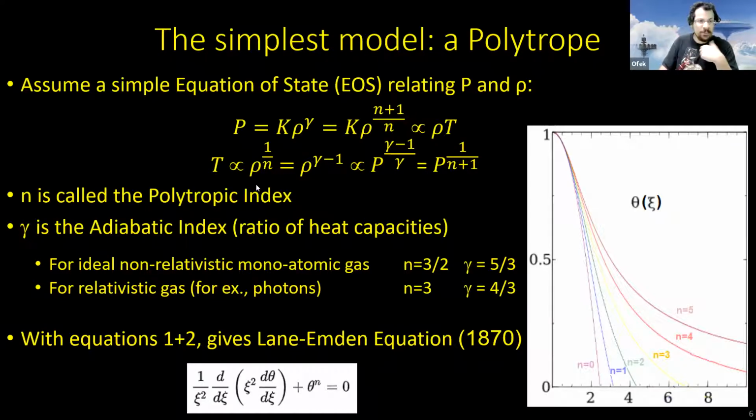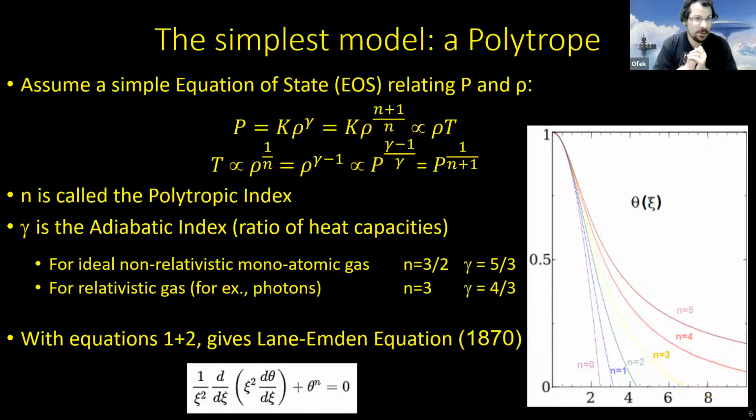In that case, we have fewer degrees of freedom per particle because the velocity is no longer a degree of freedom, only the direction of the velocity is a degree of freedom. Photons are always constrained to move exactly at velocity c. And so we'd have a slightly higher polytropic index n equals 3, which makes the adiabatic index gamma slightly lower, 4/3. So these are kind of typical numbers.